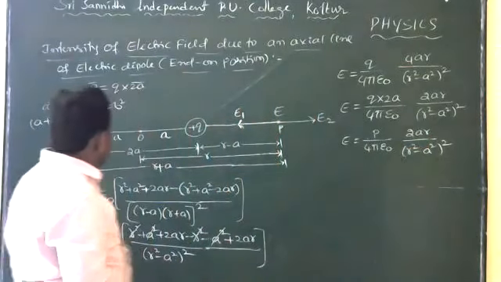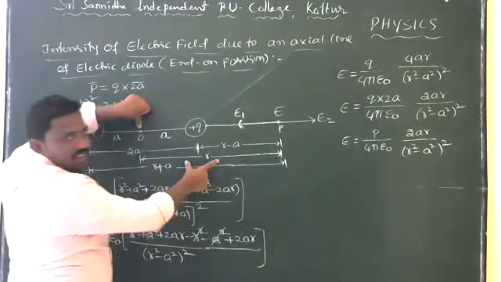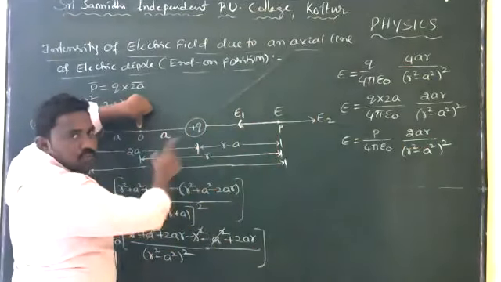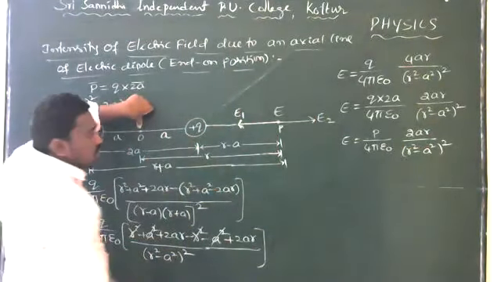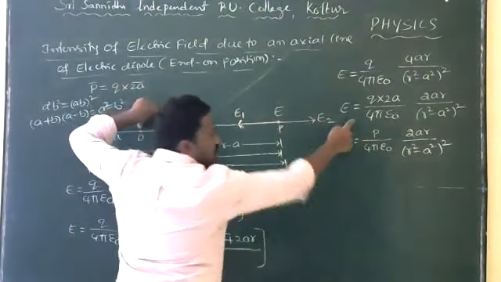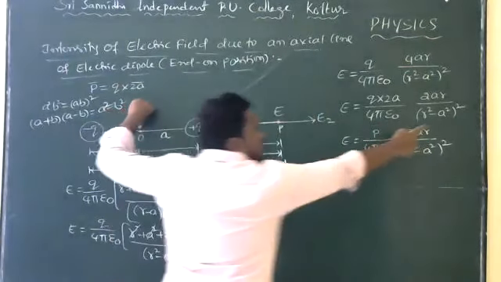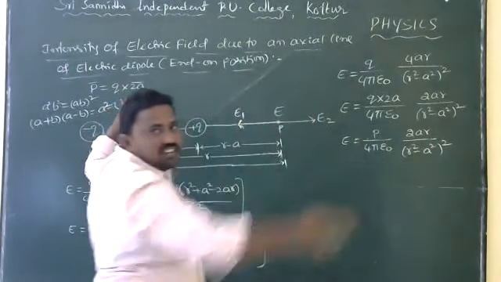Now, the distance from the center of the dipole to point P is R. As we move the point P farther away, the R value increases and increases.